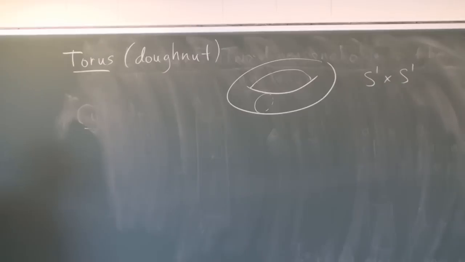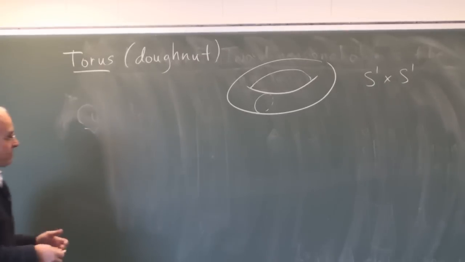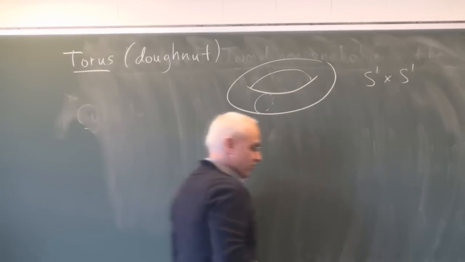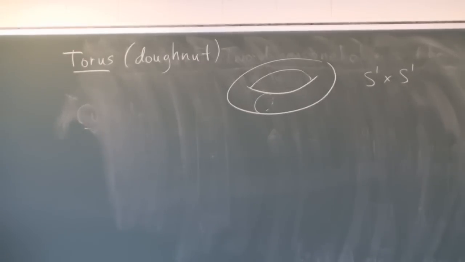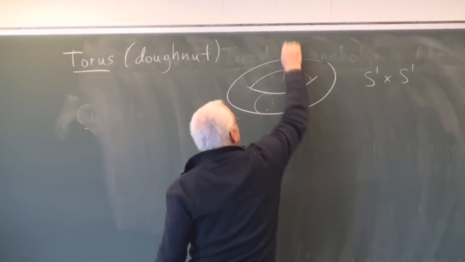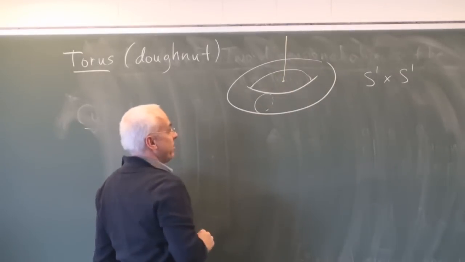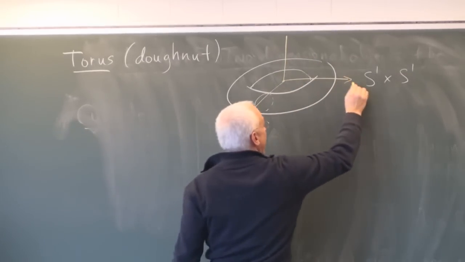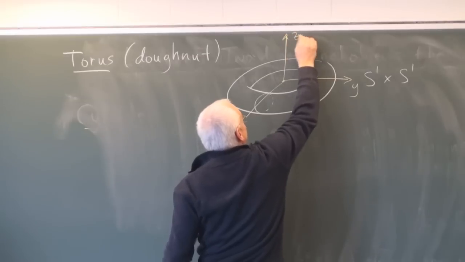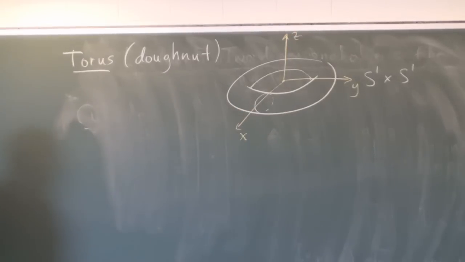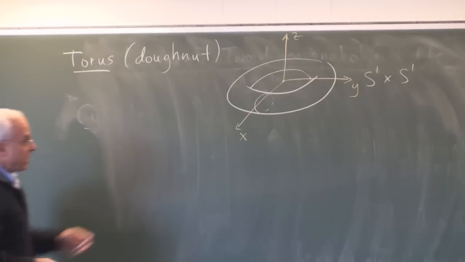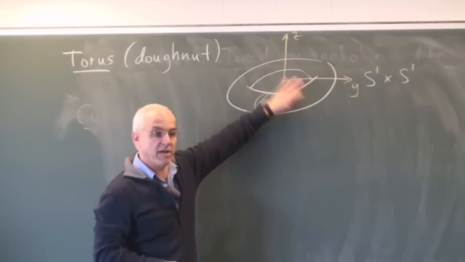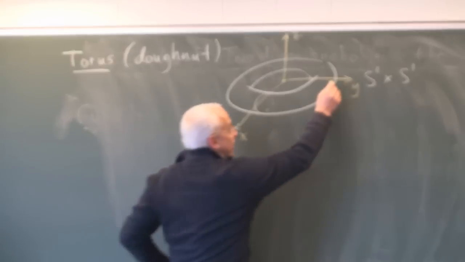One way of getting at this using coordinates would be to situate an X, Y, Z reference frame with the origin right in the middle there. X perhaps, Y, Z. In that case, if we looked at the intersection of the torus with the YZ plane, that is the plane of the board, you would get a circle here.